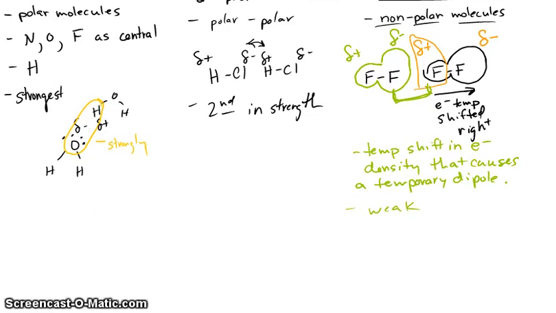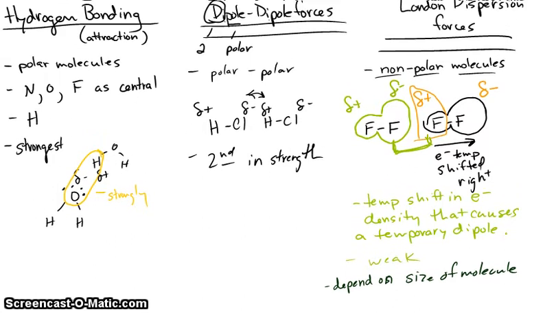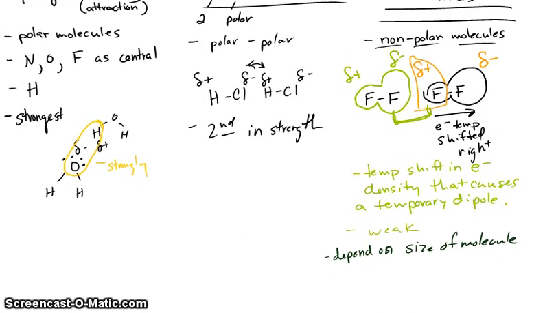London dispersion forces really depend on the size of the molecule. A very large molecule, write this down, I'm not going to write it, can have very intense London dispersion forces, making the attraction stronger than you might think.